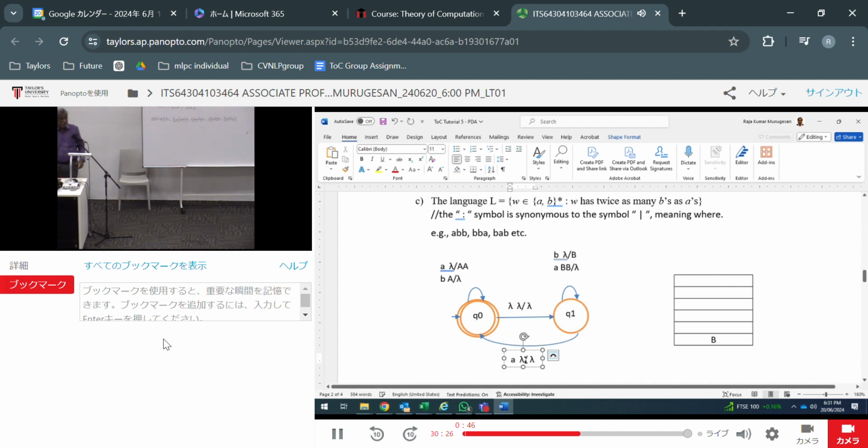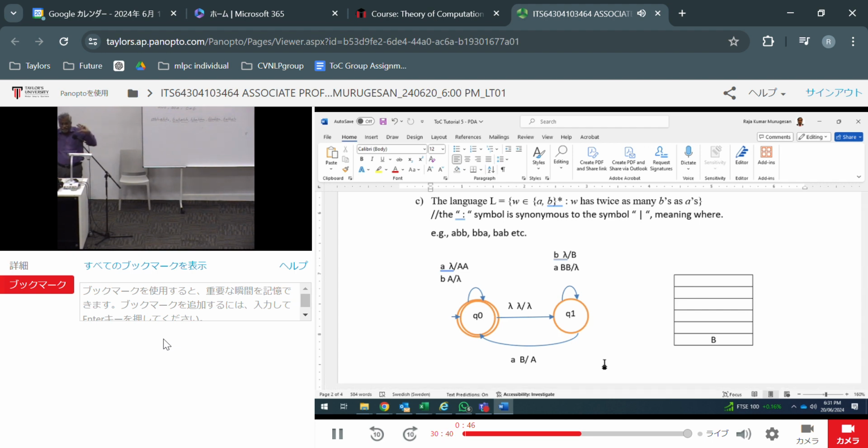I always think in terms of how the processor thinks. If the input is an A, the processor will read B, write A. Read B, write A means currently the stack top is B, and we replace it with A. That's what we have been doing earlier: when we say B means A stroke lambda, currently at the stack top we have an A, and we replace it with lambda.